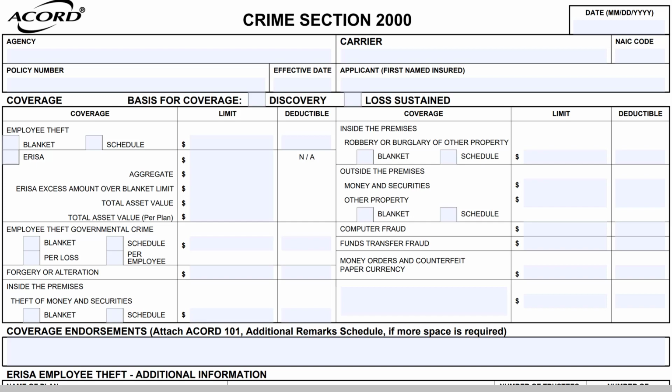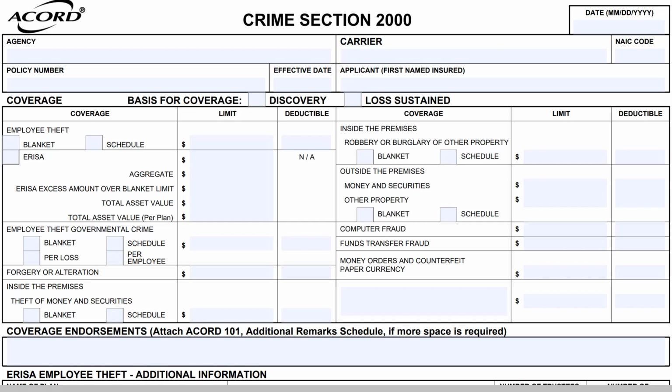Lucky for you. But every once in a while you run into an entity that's large enough that they need more coverage than what the business owner's policy or commercial package is going to offer. In that case, you will need to fill out the Accord 141 in addition to the 125, which is the general form, and all of the other liability and property forms included.